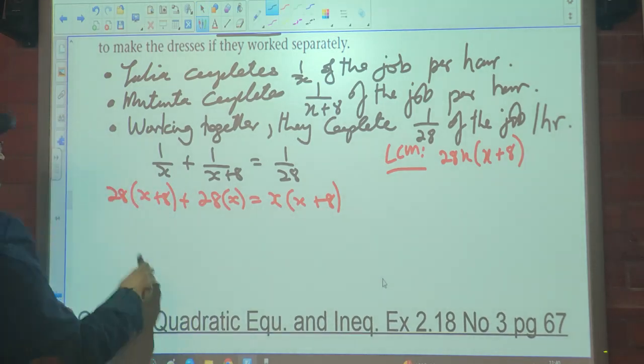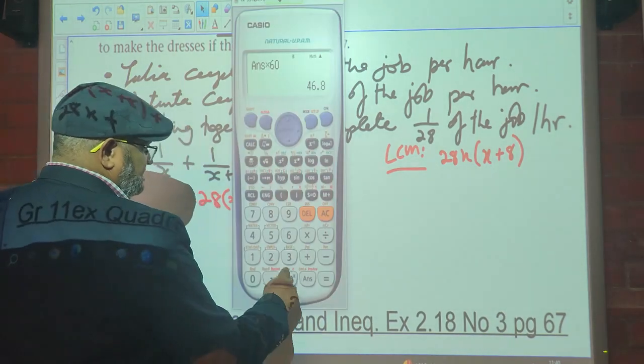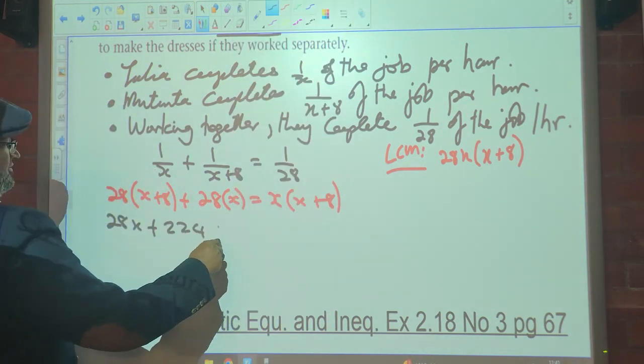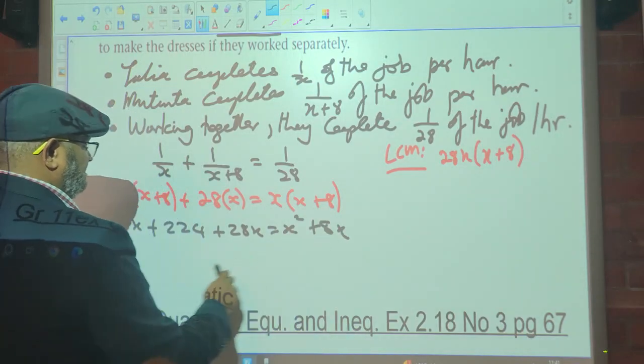Let's just tidy this up a bit. So it's going to be 28x plus 28 times 8. 28 times 8 gives you 224, plus 28x is equal to x squared plus 8x.